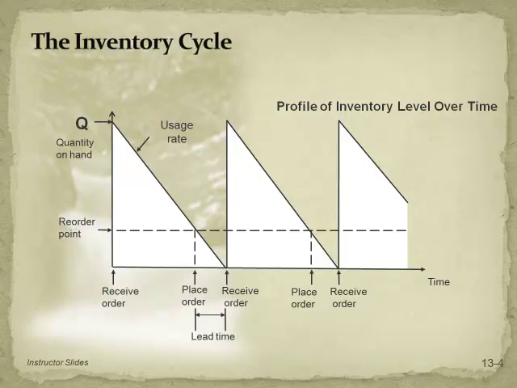So we have a certain quantity on hand. And as we start to move forward in time, we start to consume or reduce our inventory by some constant rate. You can see that that is a straight line. So if it's a straight line, we assume that it has a constant slope. So we start to reduce our inventory.